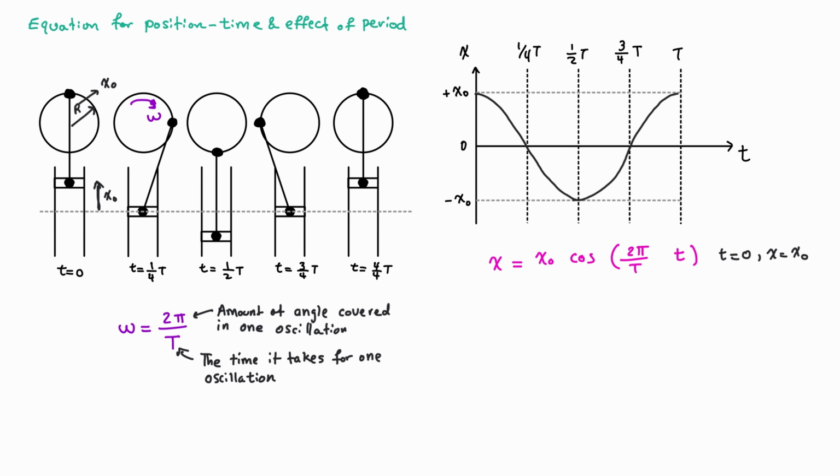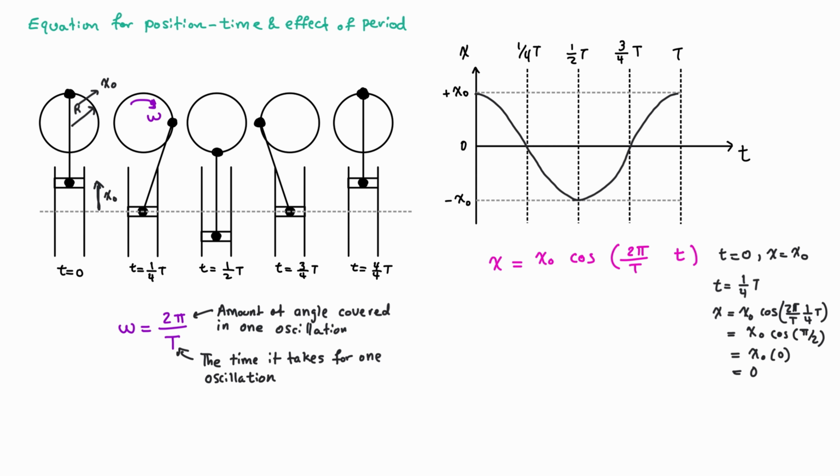At a time of 1/4 of a period, we plug in 1 over 4 times the period here. The T's cancel out. We're left with pi over 2. Cosine of pi over 2 is 0, and that would mean that the position at time quarter T is equal to x naught times 0, which is 0, which is exactly what we get.